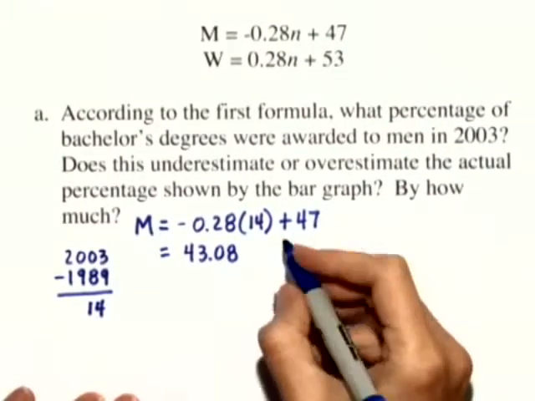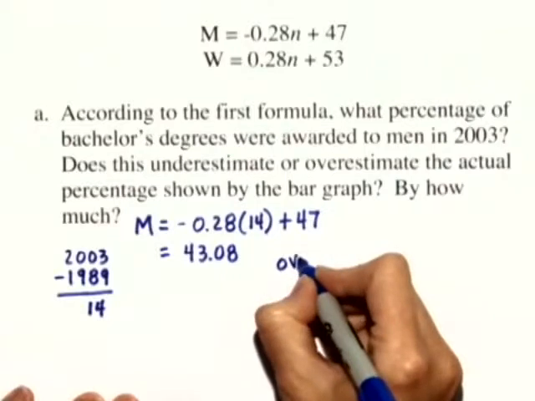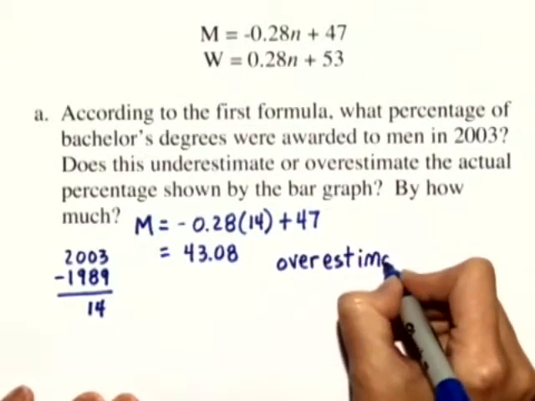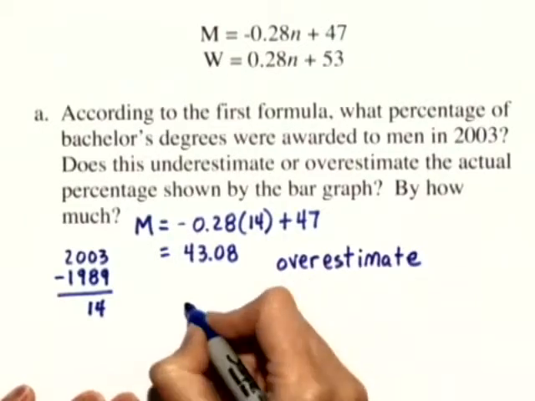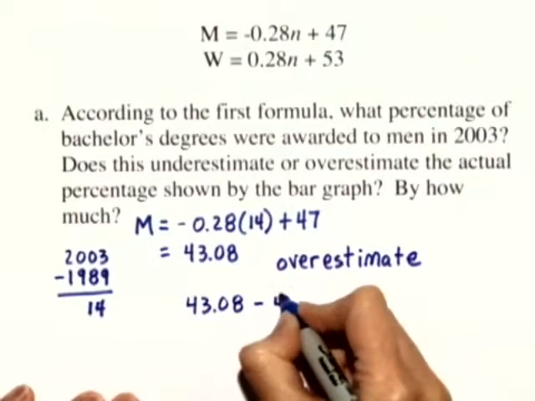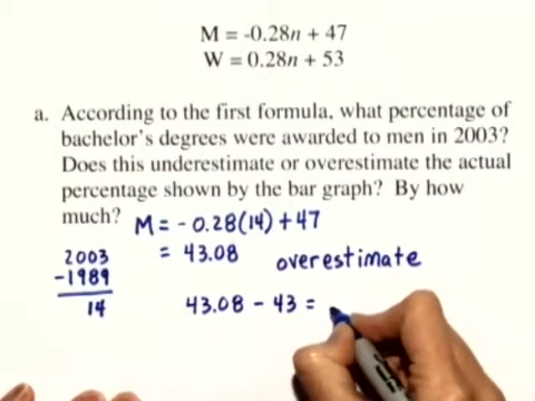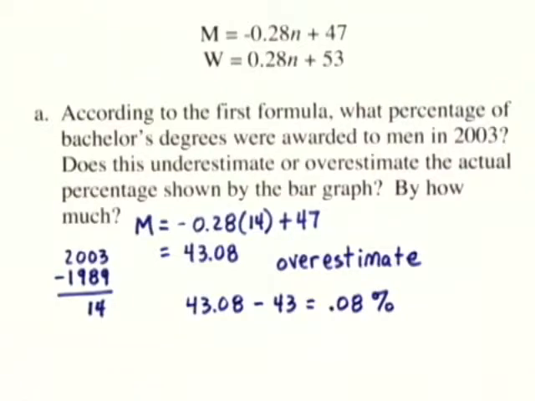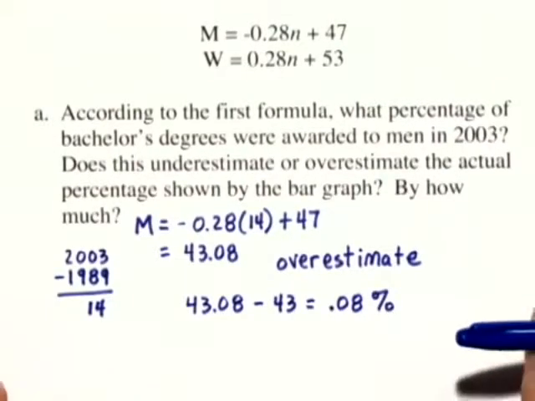So we have just a slight overestimate. And by how much? Well, 43.08 minus 43 is just 0.08% of an overestimate. Let's move on to Part B.